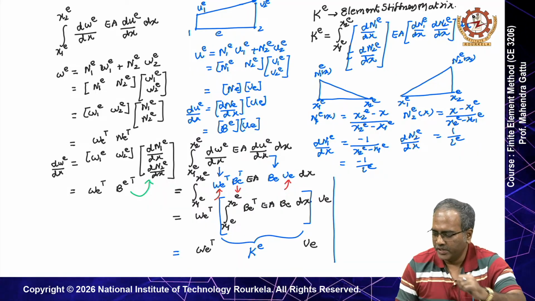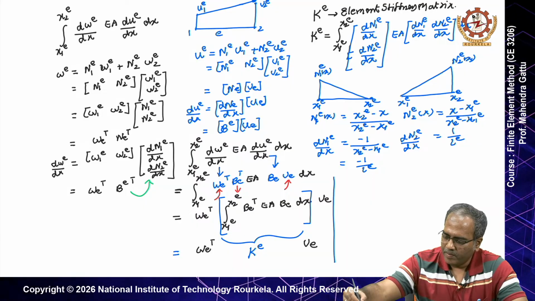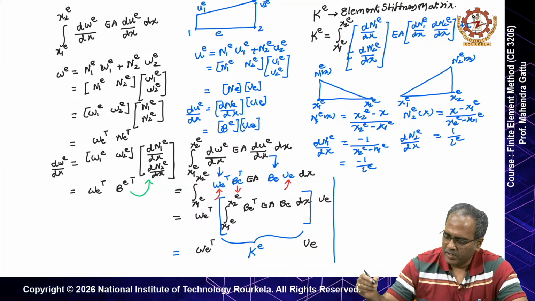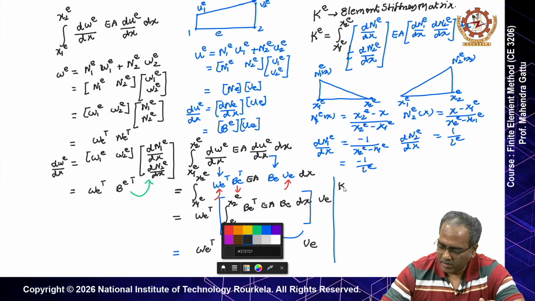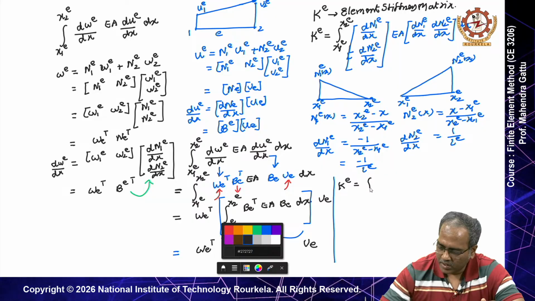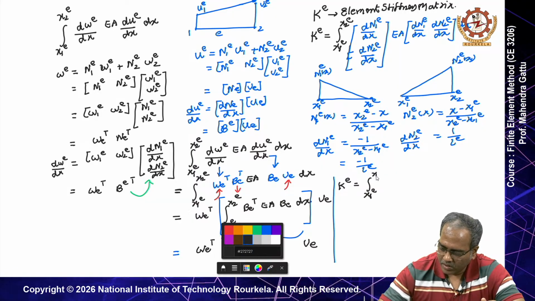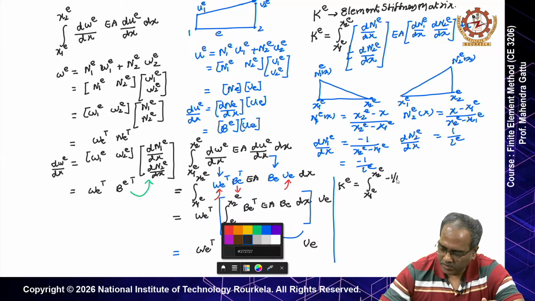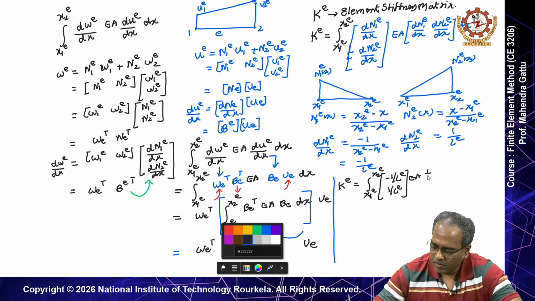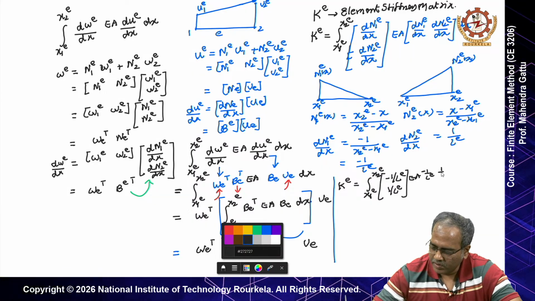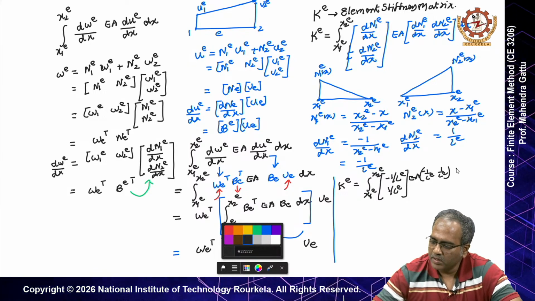I think we will do it in the next slide. So, Ke will be minus 1 by Le times 1 by Le. Okay, let us do that. Maybe I will write it here. Ke is the integral from x1e to x2e of the vector minus 1 by Le, 1 by Le, then EA, then 1 by Le, minus 1 by Le, and 1 by Le, times dx.